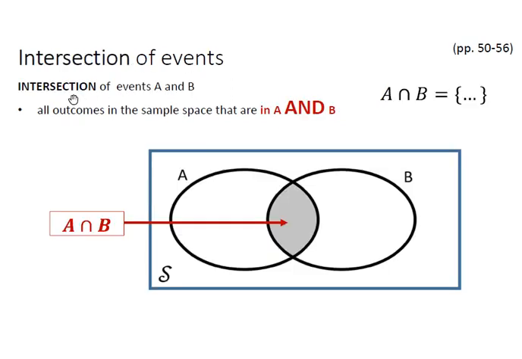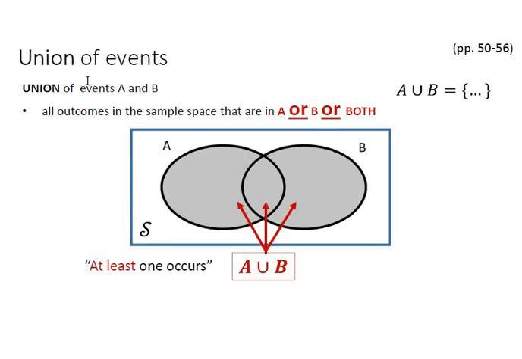Intersection of events. The intersection of events A and B is all outcomes in the sample space that are in A and B, this region. The union of events A and B is all outcomes in the sample space that are in A or B or both, all this area.